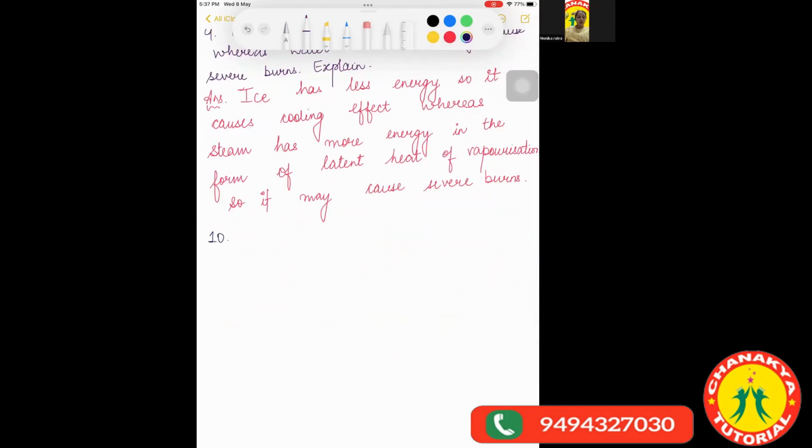Again, something related to this, but important. Alka was making tea in a kettle.